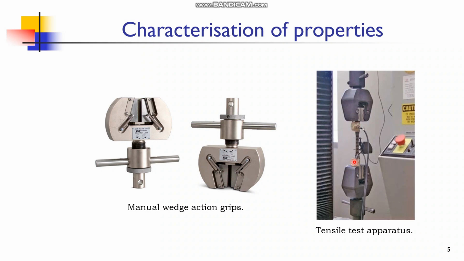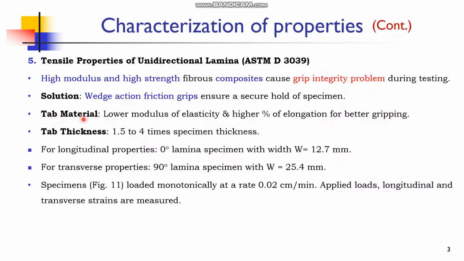As the testing load increases, the gripping force becomes higher, thereby ensuring that specimen slippage is avoided. The tab material could be made from steel or fiberglass, or sometimes a low modulus of elasticity material with higher strain, so that it does not take any load but is meant for deformation.